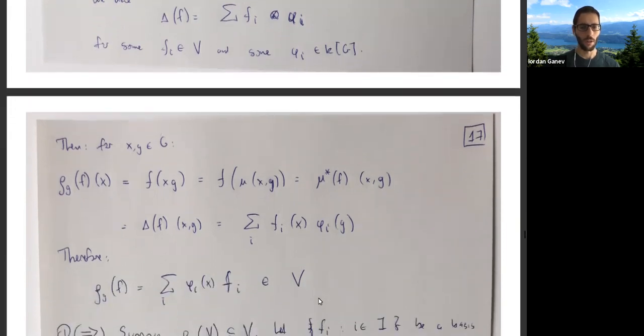Okay, so hopefully that's clear so far. Now we want to know what rho g does to F. We evaluate it at this x, and this x appeared here.